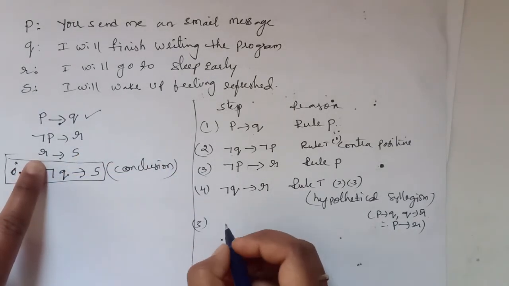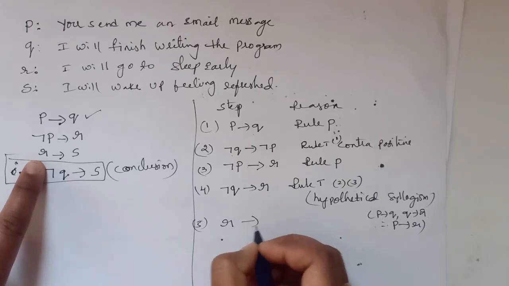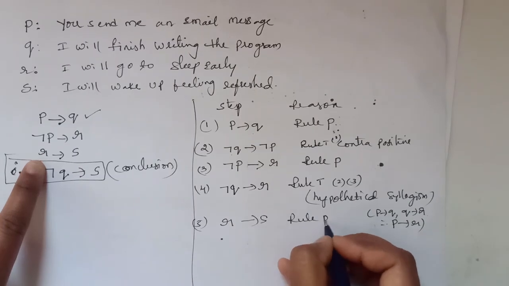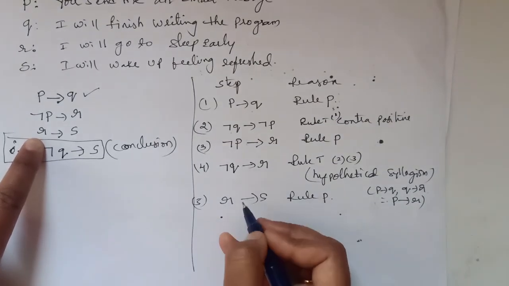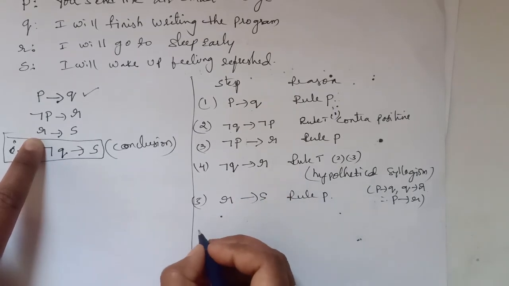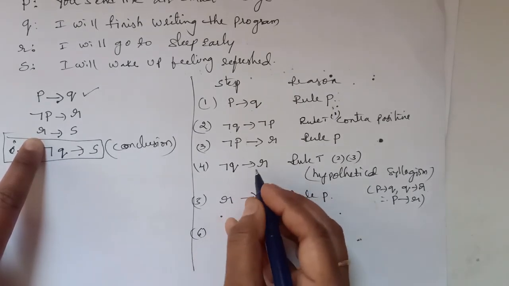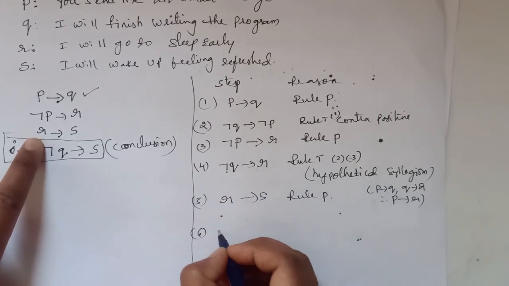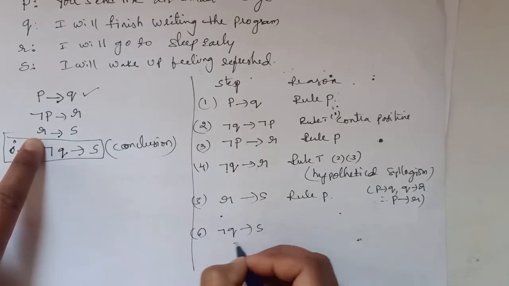Okay. Next, I am introducing one more premise, that is R conditional S, rule P. Now, observe these two premises. Can we derive a new premise from these two? Yes. Again, we can use hypothetical syllogism. Negation Q conditional S, we get.